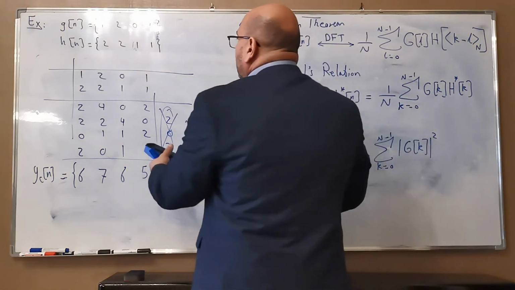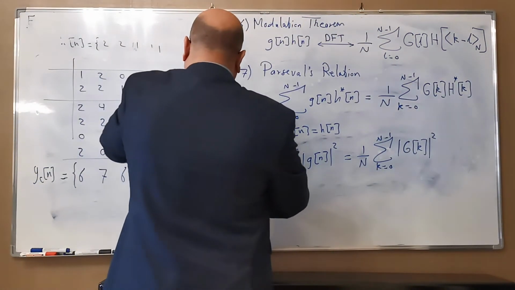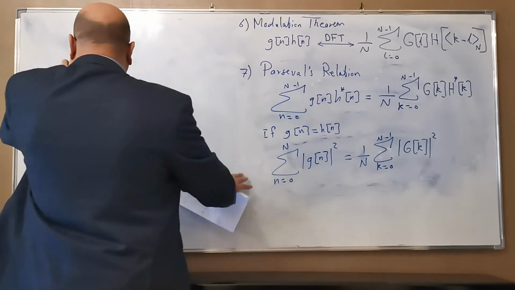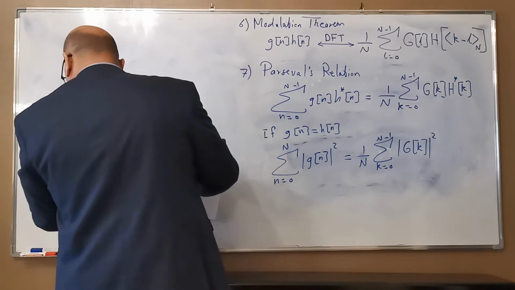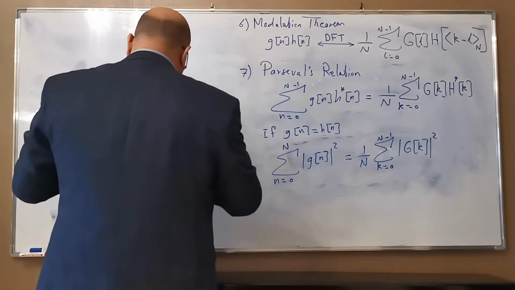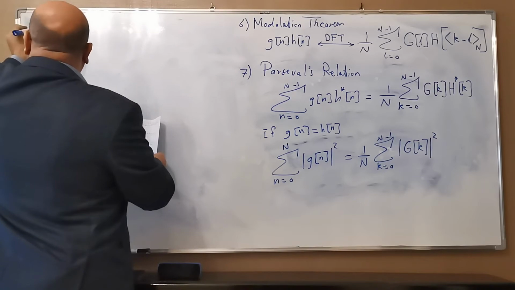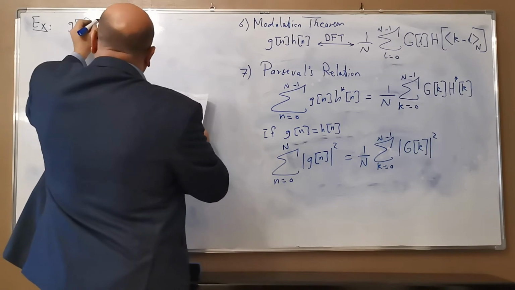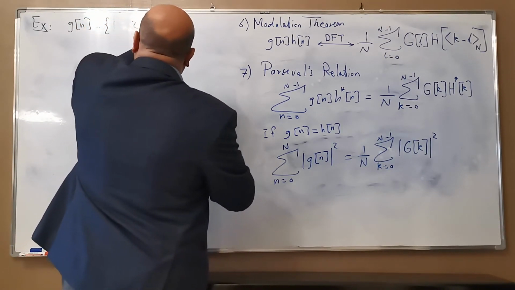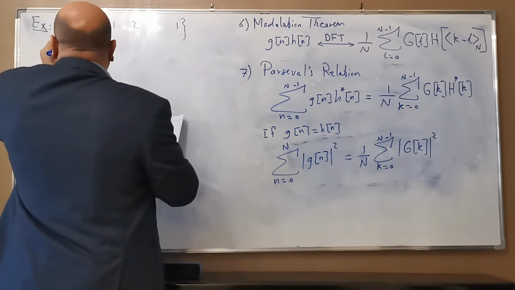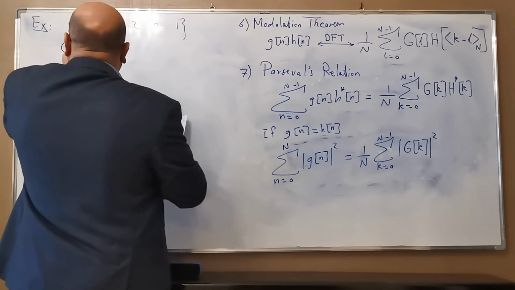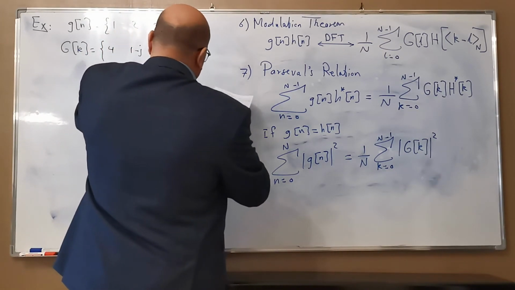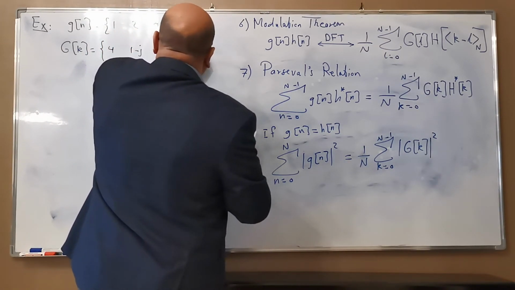Let's see an example of finding the energy in both time domain and frequency domain. Okay, so if we have an example, g of n equals 1, 2, 0, and 1, and we know already that G of k is equal to 4, 1 minus j, minus 2, and 1 plus j.